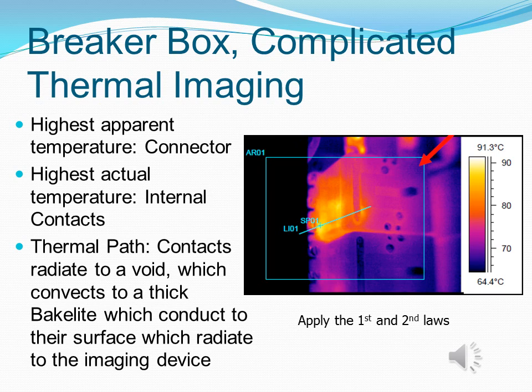But from there it radiates. But from there on the internal contact, that is, both of them are radiating to your device. One is radiating directly through the external contact that you can see, but the other one radiates where the contacts are, the hottest point, radiates into the void that's around it.